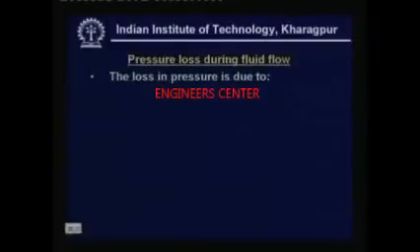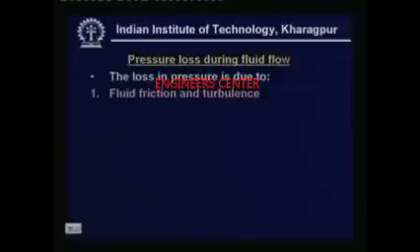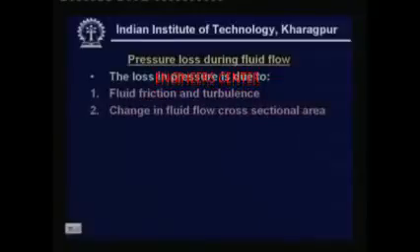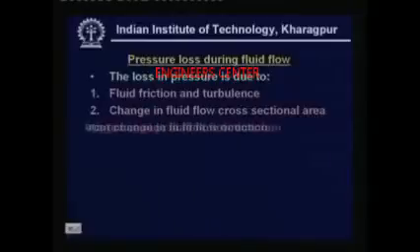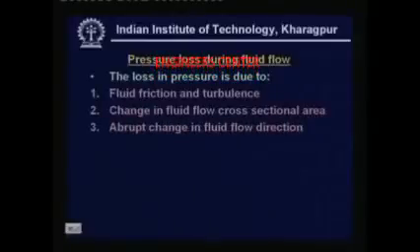Now the loss in pressure is due to fluid friction and turbulence, change in fluid flow cross sectional area, and abrupt change in fluid flow direction. That means the fluid undergoes pressure loss due to these three effects.